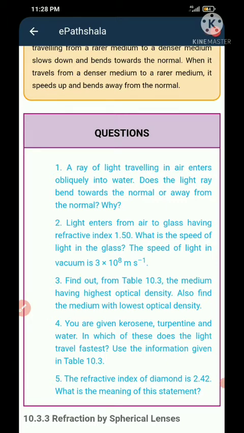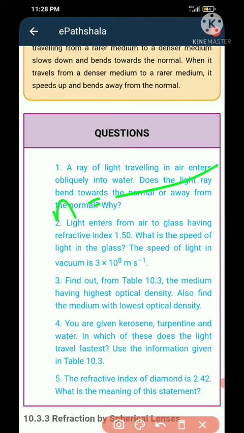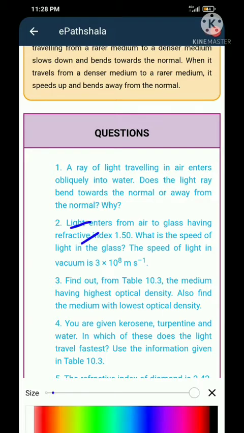The speed of light in vacuum is 3 into 10 power 8. So just simply, you can solve it. N is equal to, second question, air to glass, refractive index is 1.5. So here you put directly the value of n, that is 1.50.